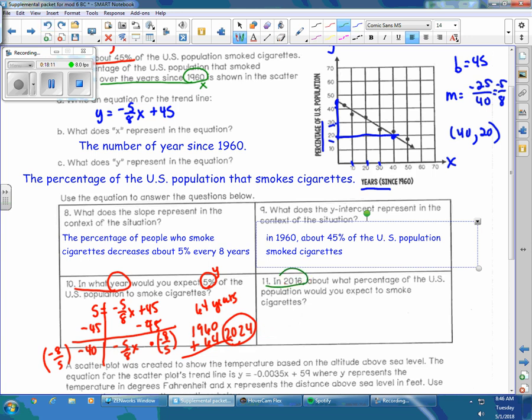So that's 56 years. That's my x. So I'm going to say y equals negative 5/8 times 56 plus 45. Again, grab your calculator. Negative 5/8 times 56, that's negative 35 plus 45. So y equals 10. So about 10%.